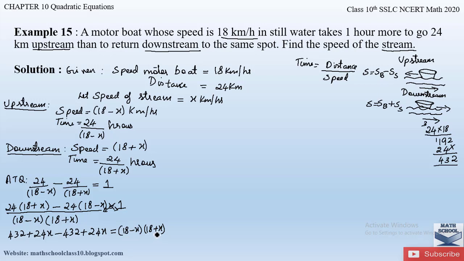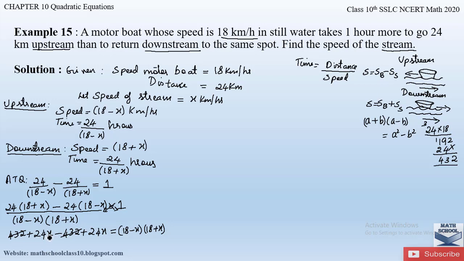Here if you observe, it is of the form a plus b into a minus b. What is a plus b into a minus b given as? It is equal to a square minus b square. Here plus 432 and minus 432 will get cancelled.